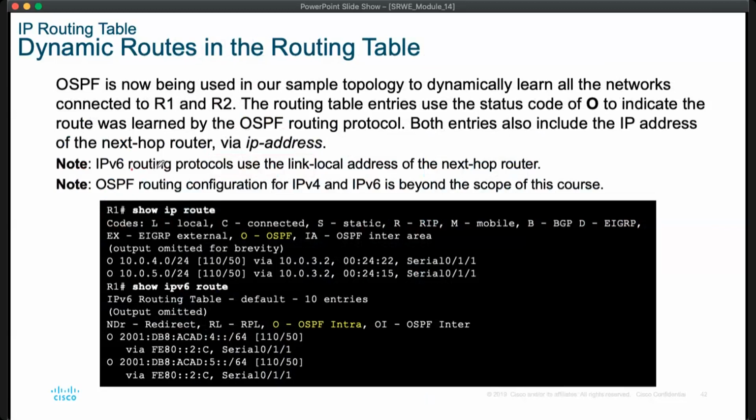IPv6 routing protocols use the link local address of the next hop router. Note, OSPF routing configuration for IPv4 and IPv6 is beyond the scope of this course.